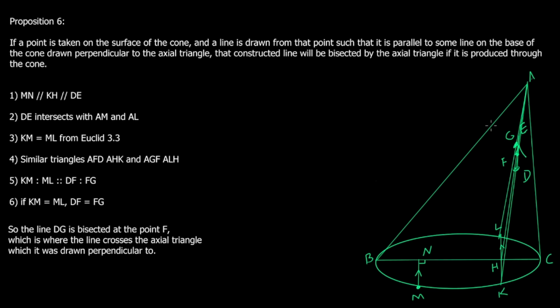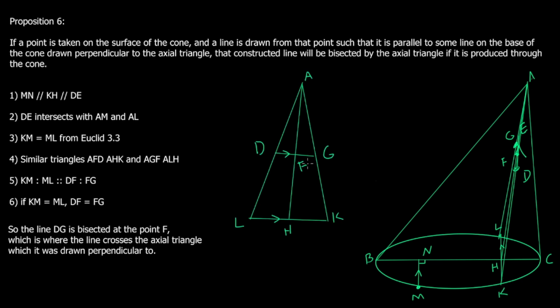So this is a very busy section of our diagram, so I'm going to redraw just the triangle ALK out to the left. So the line DG was parallel to the line LK, so you'll see that we have similar triangles.